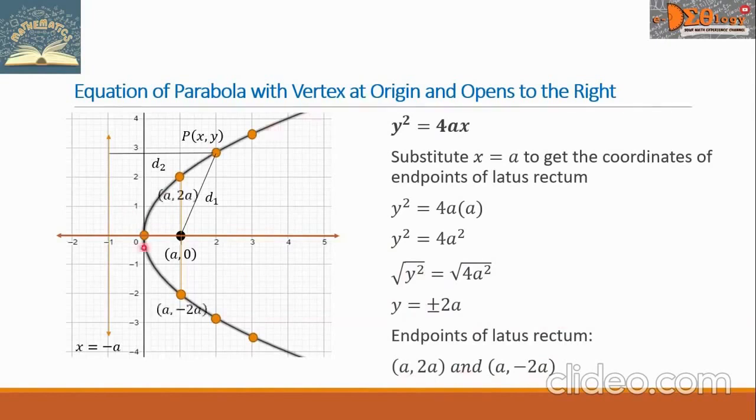In our graph here, we can see that this is the point (a, 2a), and this is the point (a, negative 2a). From this graph also, we can learn that the length of the latus rectum equals 4a. Look at this 4a.